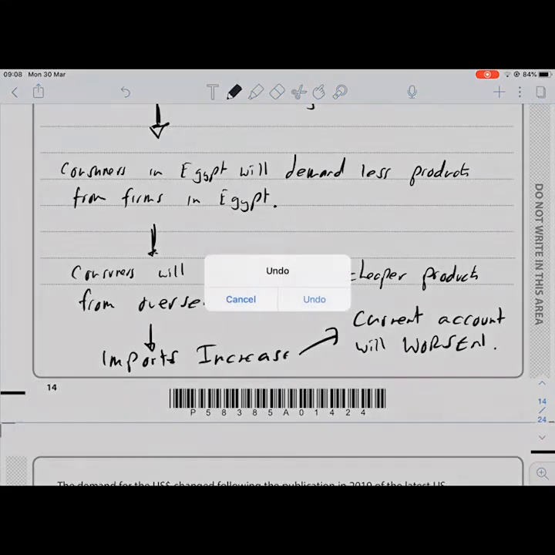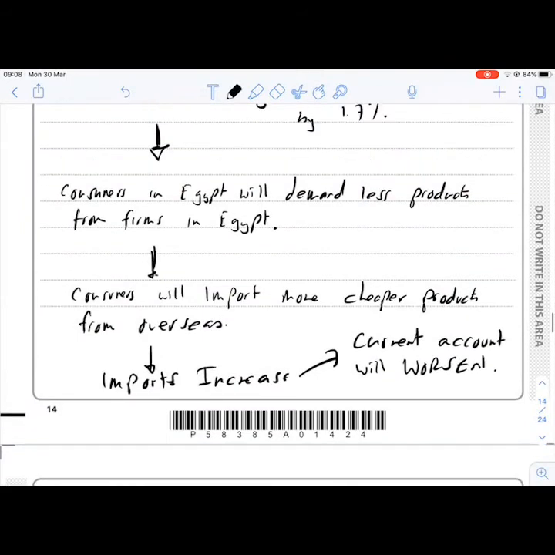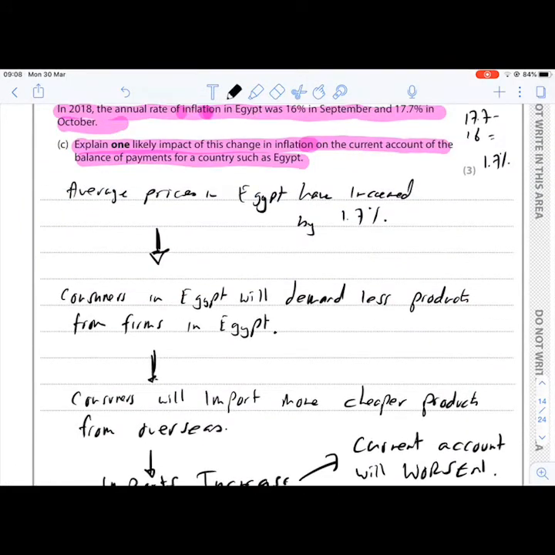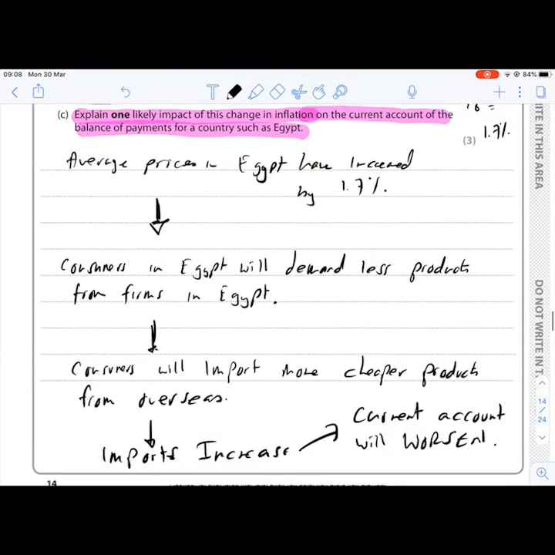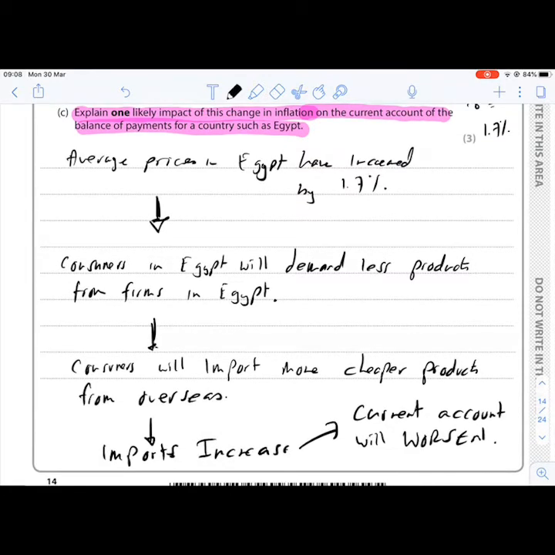Another way you can look at this is that if prices increase, consumers and firms from overseas will import less from Egypt. Therefore, Egypt's exports will decrease because their prices are not so competitive on a global scale because they have increased. So demand from overseas for Egypt's products will decrease, exports would decrease, and this would also worsen the current account.